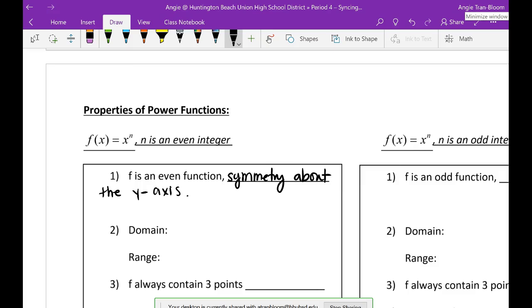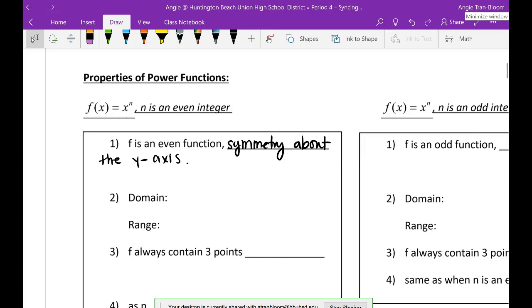Now, what is the domain of an even integer function? Give me an example of an even number. 4. What else? 2. What else? 12. Yeah, 12. So f of x equals x to the 12th, or x squared, or x to the 6th.